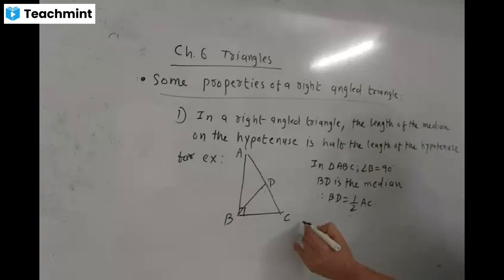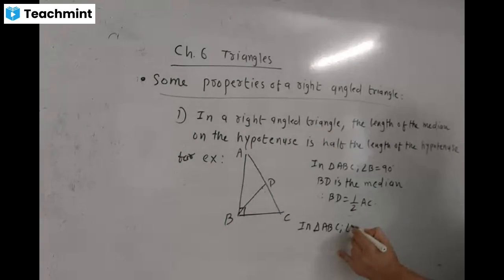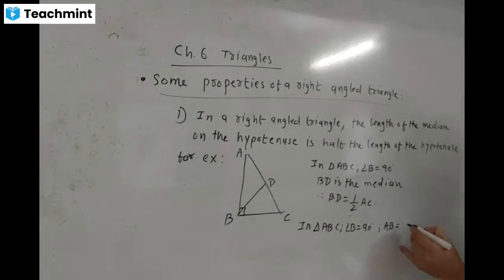For example, in triangle ABC, angle B is equal to 90 degrees. Suppose AB is equal to 12 centimeter, BC is equal to 16 centimeter, and AC is equal to 20 centimeter.